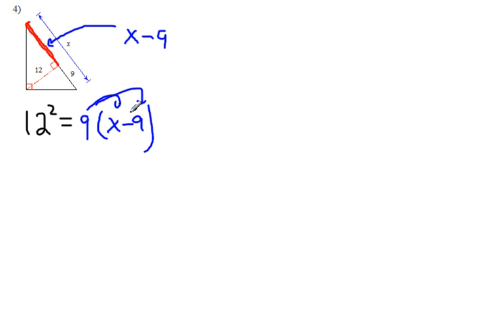We distribute the 9. 12 squared, we know that's 144, is equal to 9x minus 81. Then we just add 81 to both sides and divide by 9. 144 plus 81 is 225, divided by 9, we got x is equal to 25.